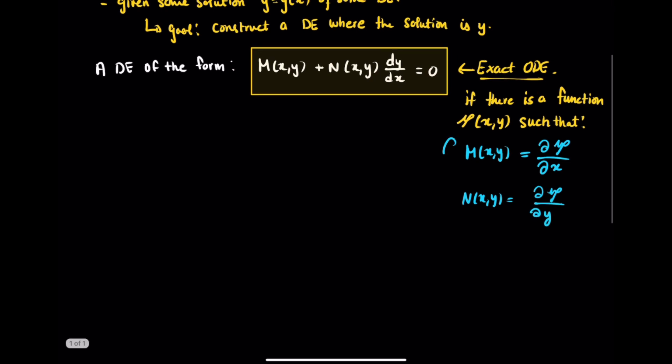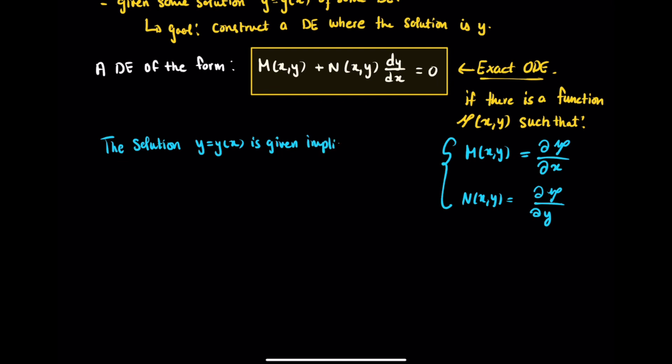And so therefore the solution y equals y(x) is given implicitly by ψ(x,y) is equal to C, where C is some constant.